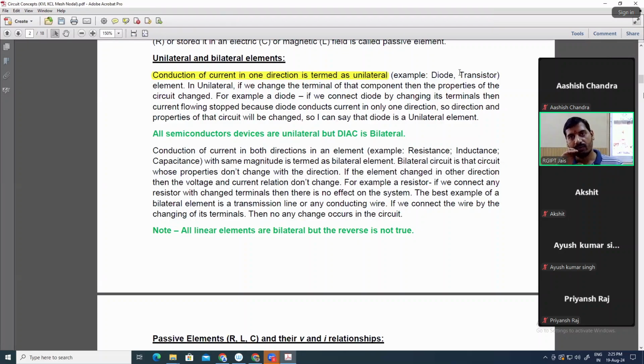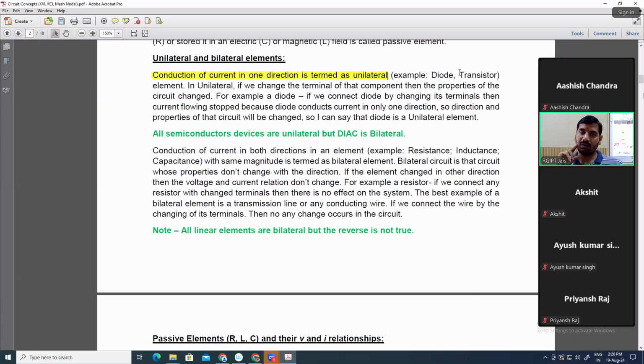Consider the example of a diode. In a diode, the two terminals are anode and cathode, P and N. If the P type is provided a positive supply and the N type a negative supply, only then will the diode conduct.